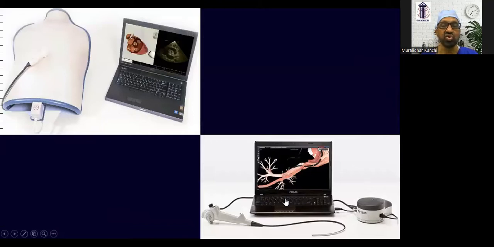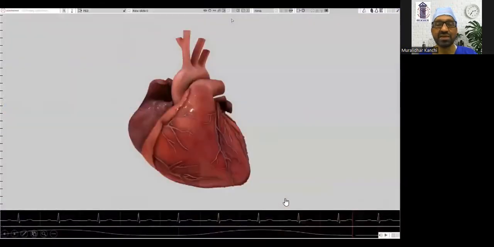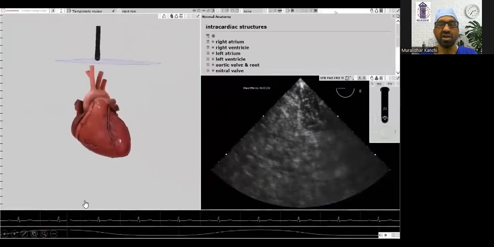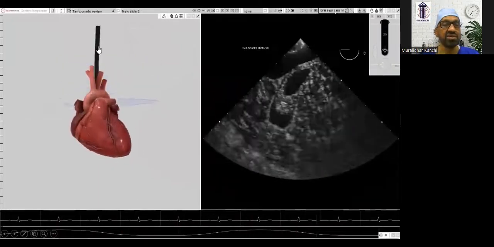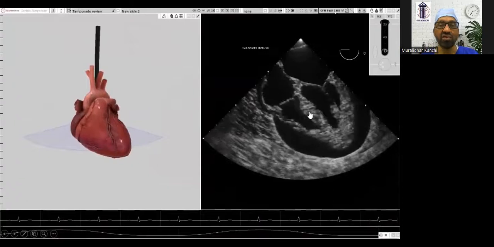Similar equipment is shown here, which can be used for transthoracic or transoesophageal echocardiography and also for bronchoscopic procedures. Let us see this TEE model. The TEE probe is being advanced into the esophagus, and you develop a mid-esophageal 4-chamber view.